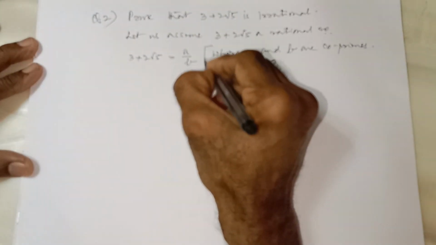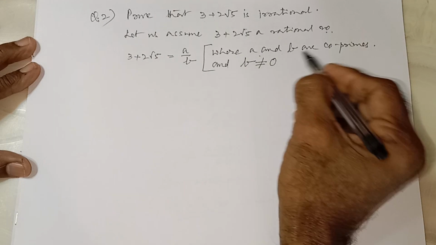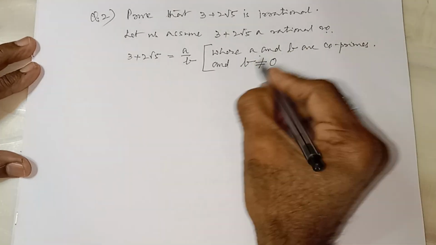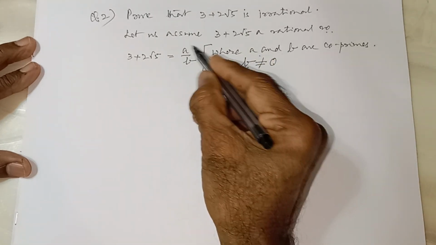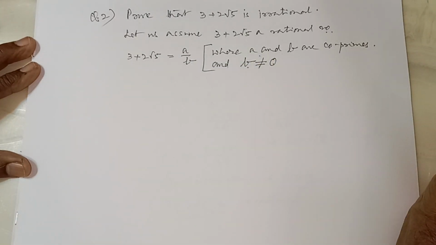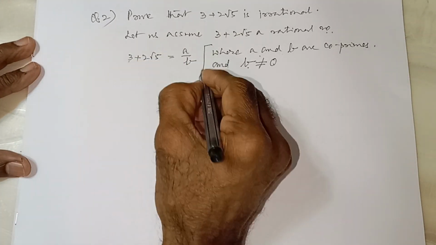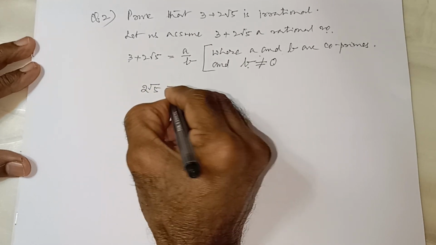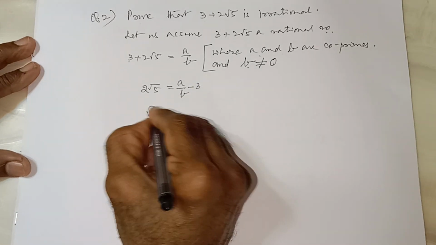I'll explain why. A and b are coprime means they should have only one common factor, that is 1, not other than 1. And b should not be equal to 0 because if it becomes 0, then this becomes undefined fraction. Okay, the next step is, let us take out 3 to the RHS, then it becomes 2 root 5 equaling a by b minus 3.